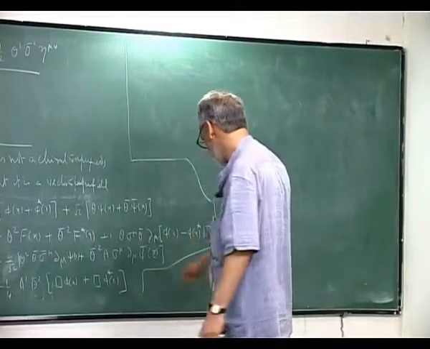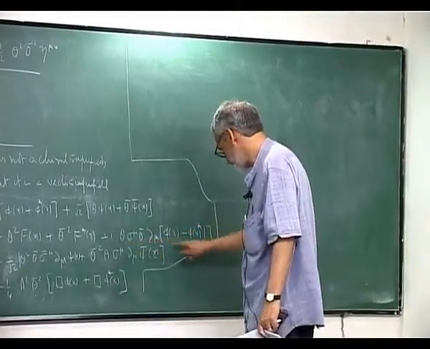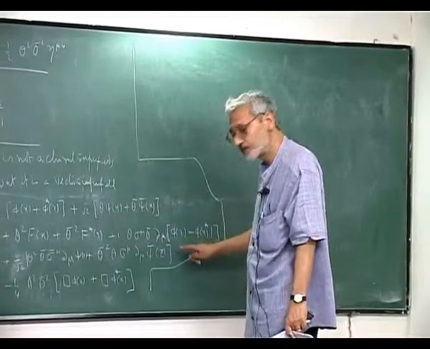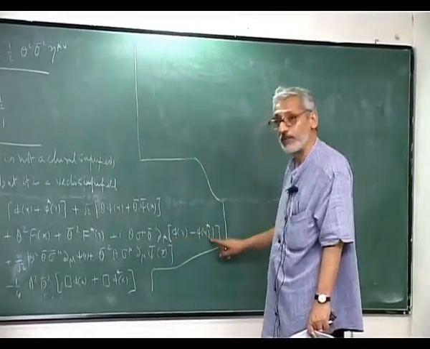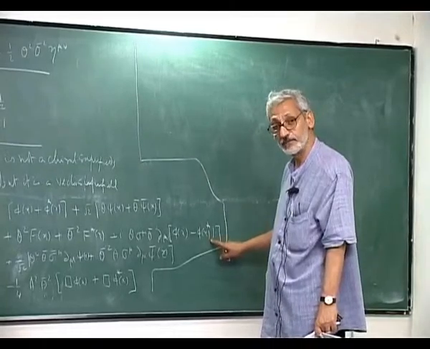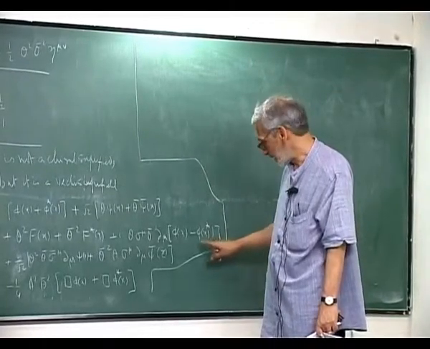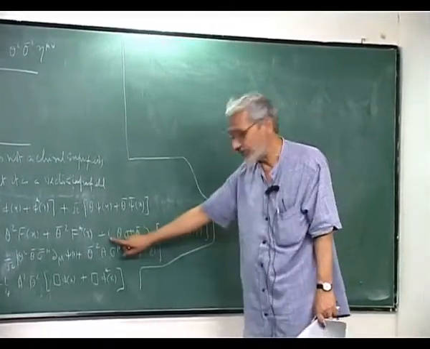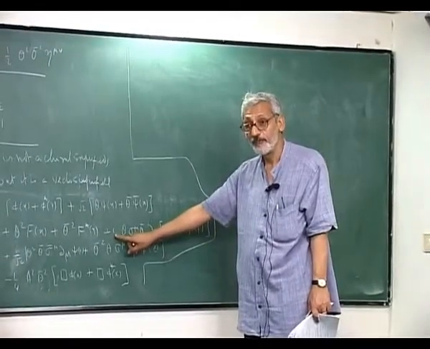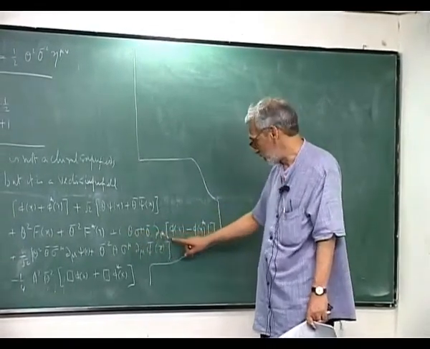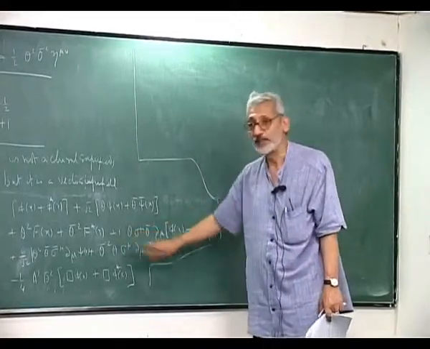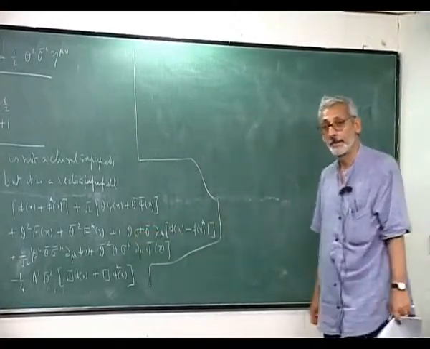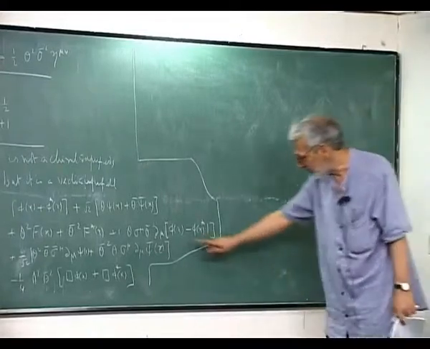Notice the coefficient of this term. This is the total derivative of phi(x) minus phi star(x), and there is an i in front of it. So it is the total derivative of the imaginary part, including the i.